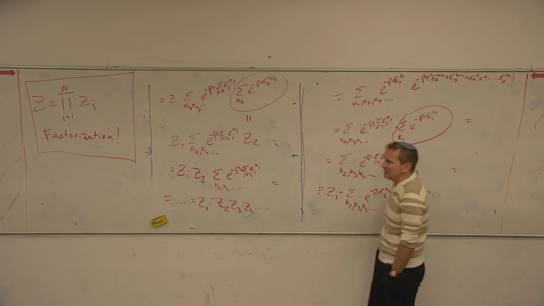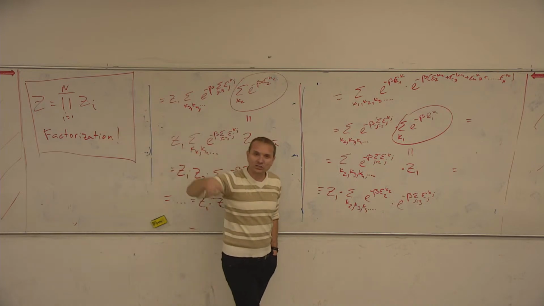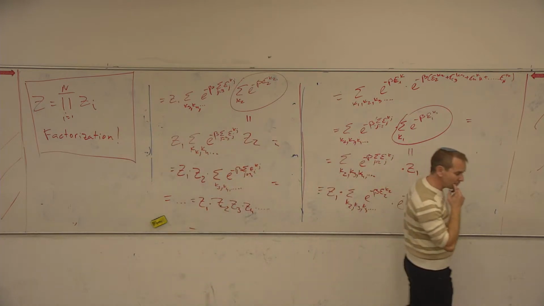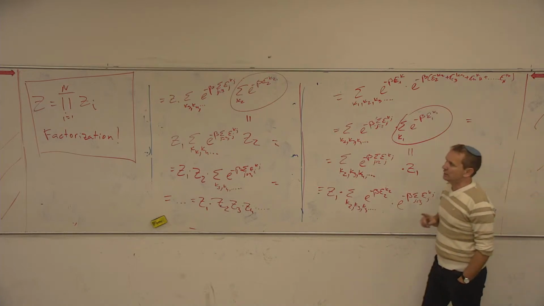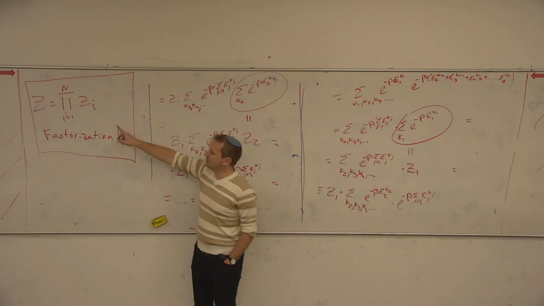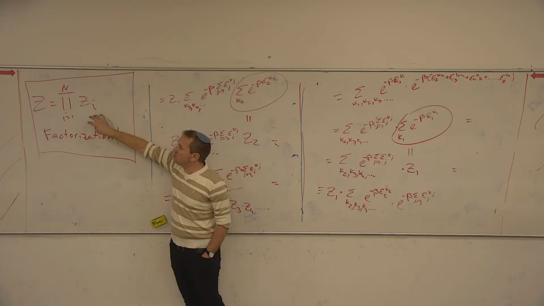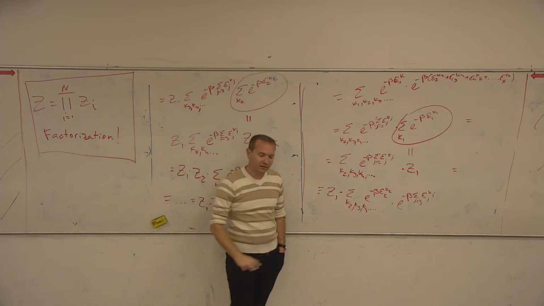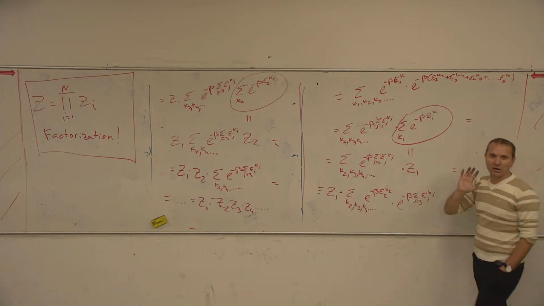We started with the system, and it is true only because I neglected all interactions between the different particles. And the claim of statistical physics is that for any system, but we don't know how to do it for any system, we somehow have to perform this factorization. This is the only true tool that we have. This is always our goal.